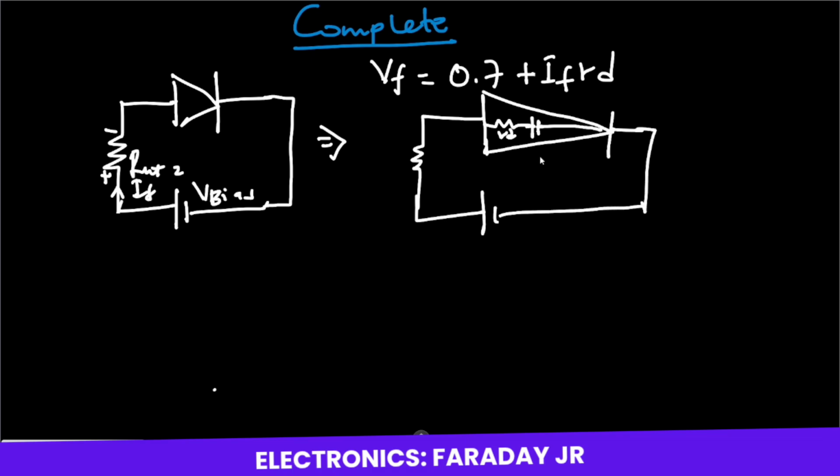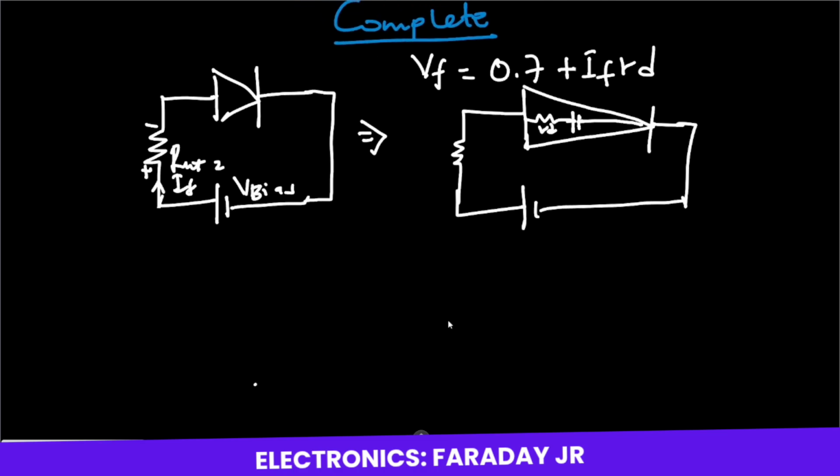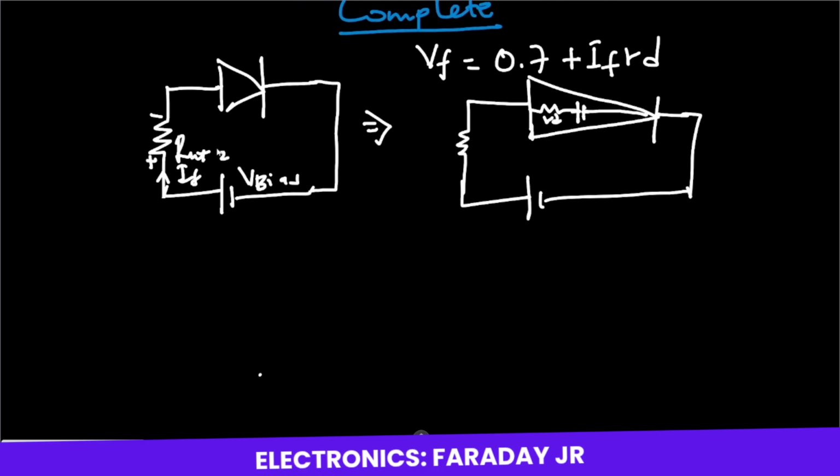So that is basically the concept. Let's move back to our main circuit to do our analysis. Here we are going to sum the voltages to find the forward current, using Kirchhoff's law. From negative to positive gives us V bias. Then from positive to negative, minus IF R limit.